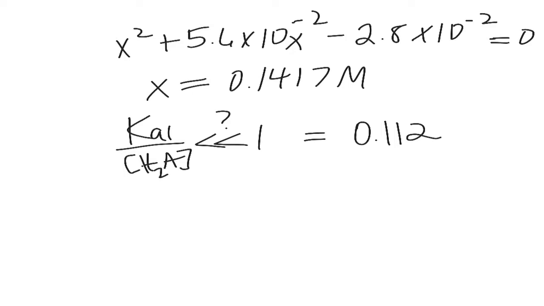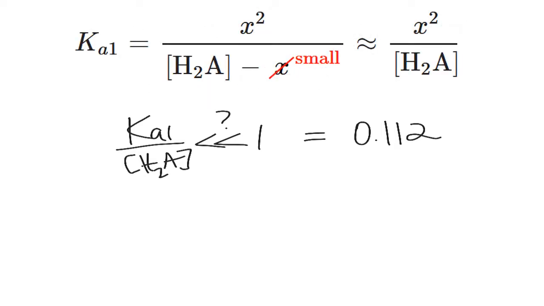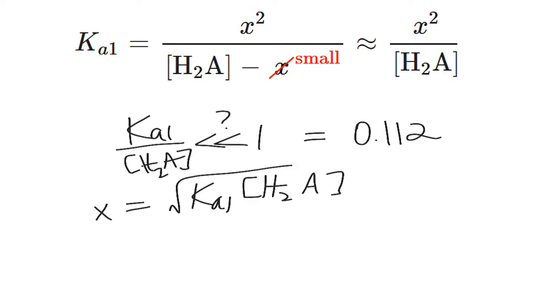It doesn't matter how much smaller than 1 this ratio is, but it works best when it's much smaller than 1. If it's barely smaller than 1, that's fine, it'll just take a while to work. So, using this trick, we can actually say that x is equal to the square root of Ka1 times the starting concentration of H2A as our first approximation.